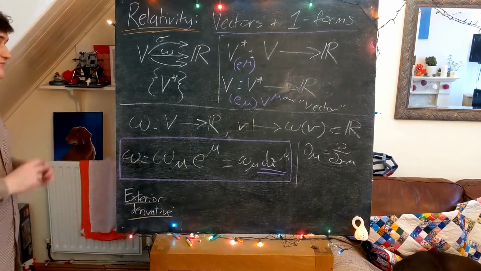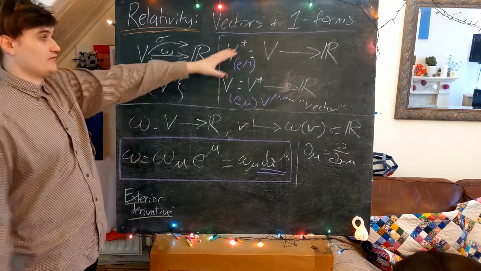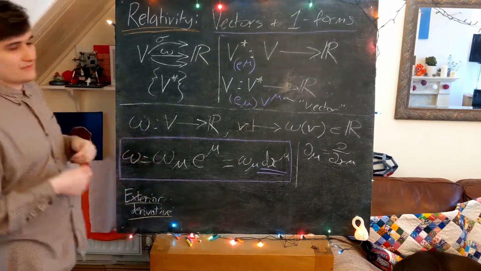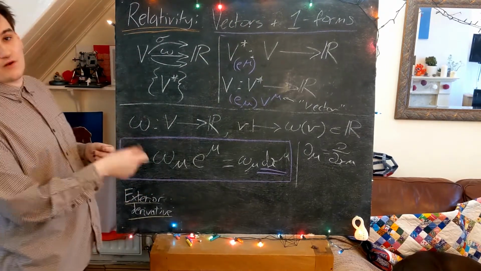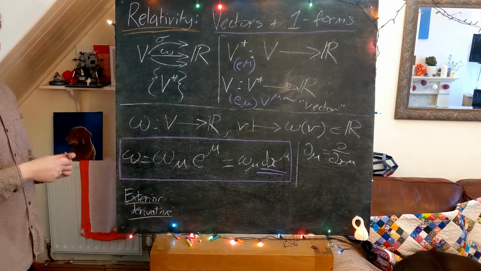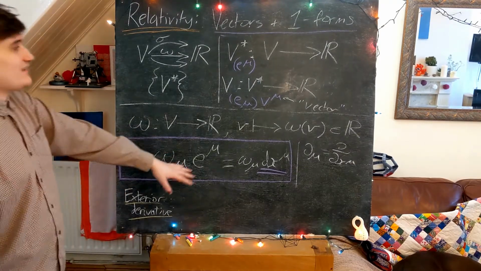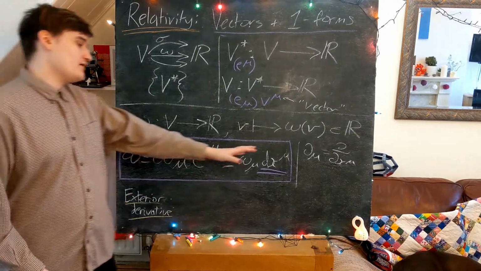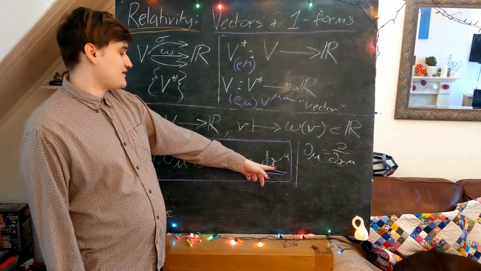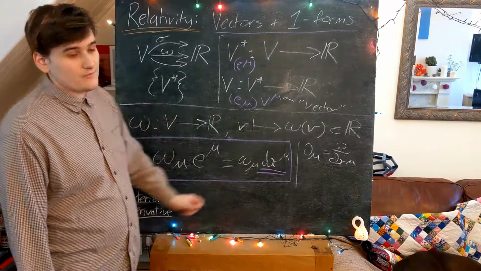Just really briefly now, what the exterior derivative does is it takes what's known as an n form, that could be a zero form, a one form, two form, and so on, and it takes the derivative of that n form and produces an n plus one form. I'm just going to tell you now, we define zero forms to be simply functions. So this x mu is just the coordinate functions. It's just a zero form.